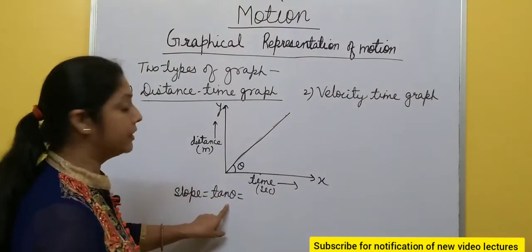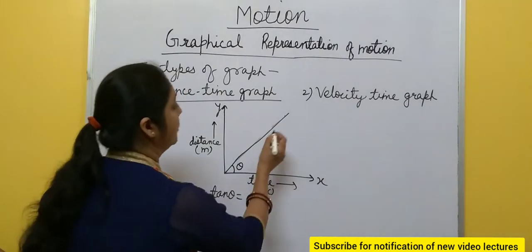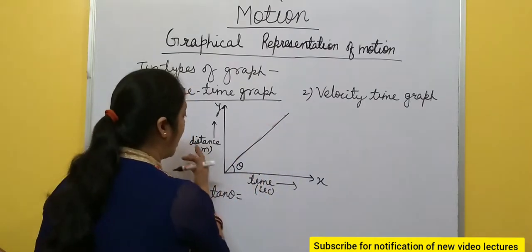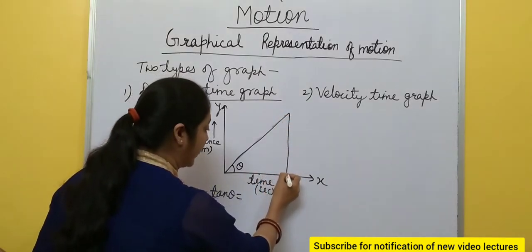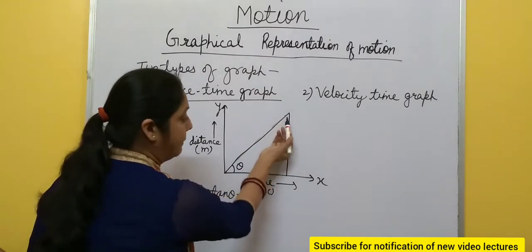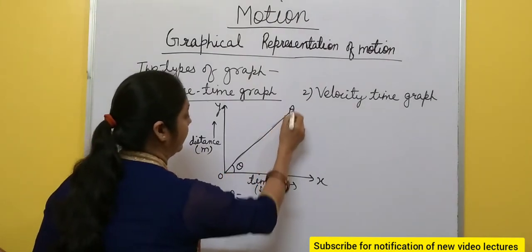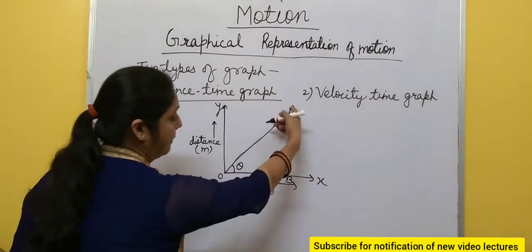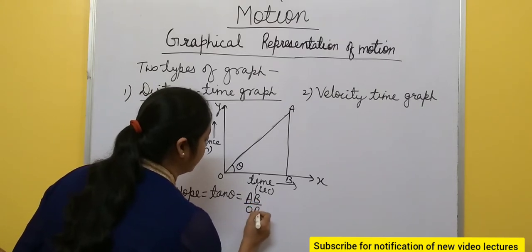Again, tan theta, you heard this term in mathematics. What is this tan theta? Suppose this straight line represents the motion of an object, how distance changes with time, and you draw a perpendicular onto the x-axis. Now, you know tan theta is perpendicular by base. Suppose this is O, A, B. So you can write tan theta as perpendicular by base, which means AB by OB.